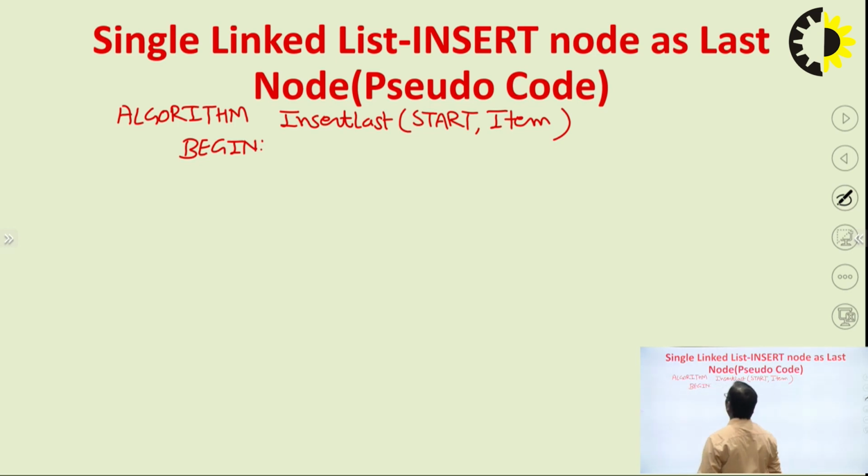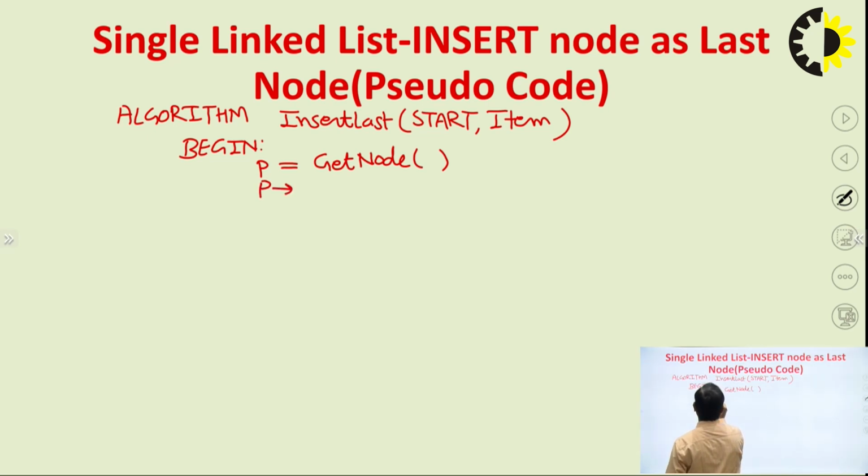Now first of all we have to allocate memory for a new node. So we will write p equals to get node. Here get node will allocate the memory for that node and assign the address of that node into the p pointer. Now the information field of the p pointer, means the newly allocated node, will contain the item.